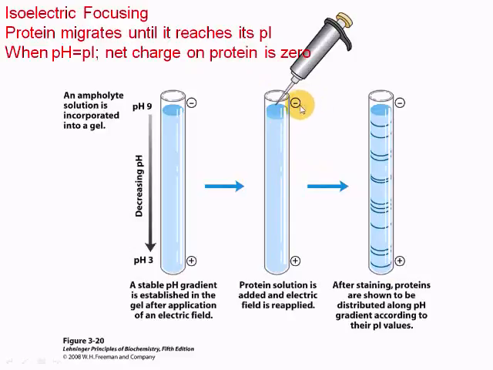And so you have kind of a gradient of charge going up this solution, so it's kind of negative at the top, kind of positive. Well, if you have a 0 charge, you're not going to be attracted one way or the other. You're going to stop. And so when that protein stops, you know that's the pI, because it has no charge. It's not going to be attracted one way or the other.